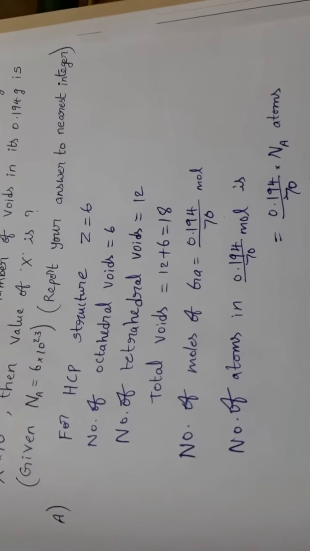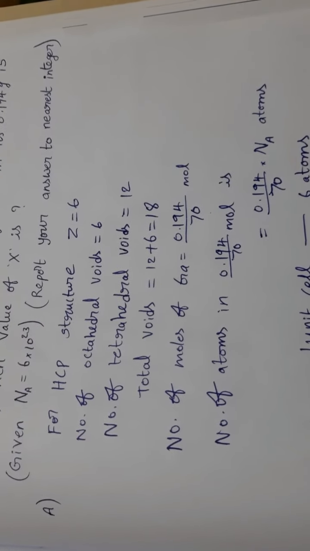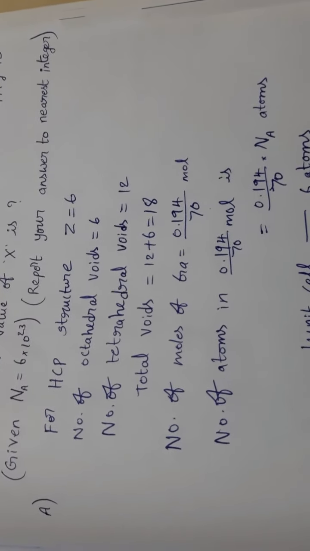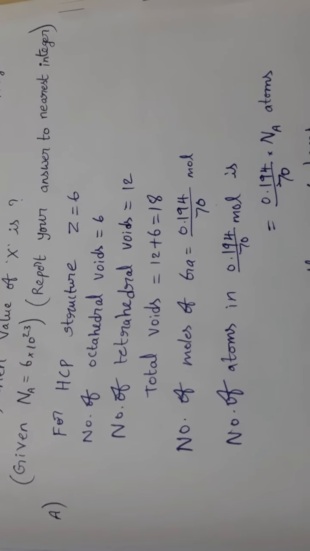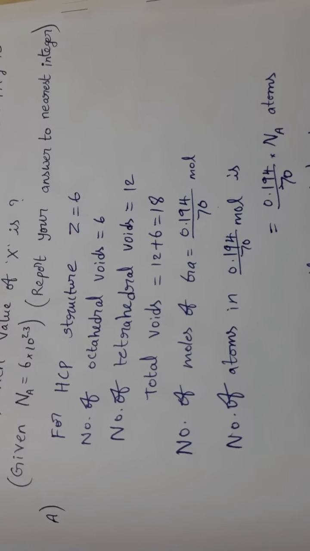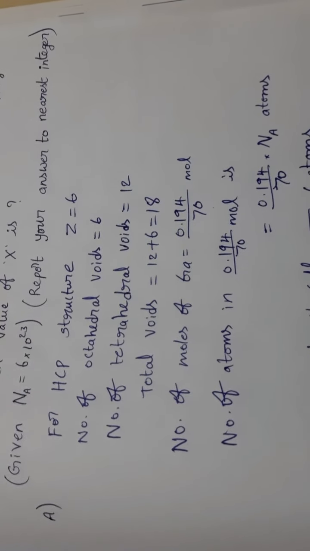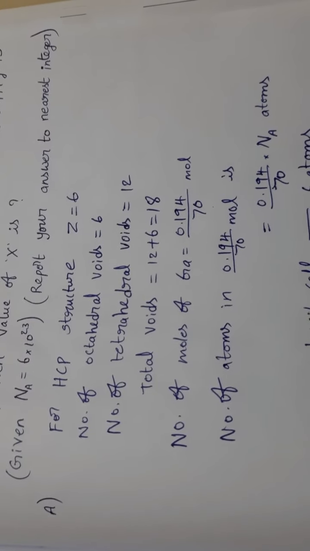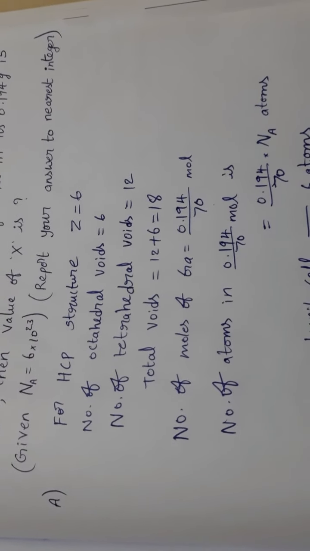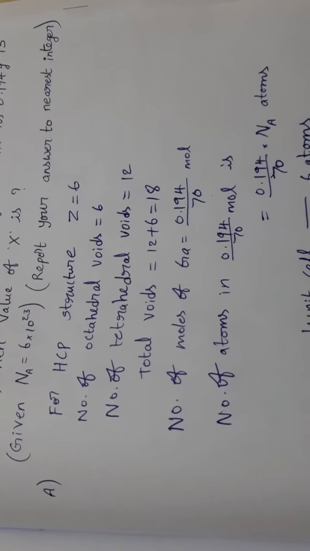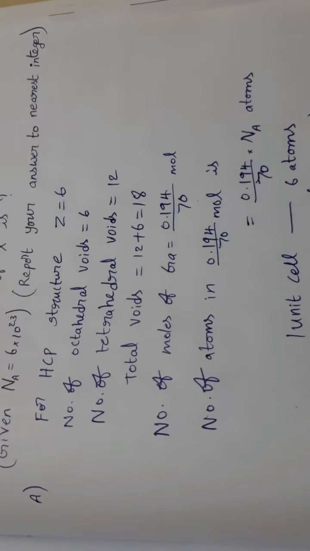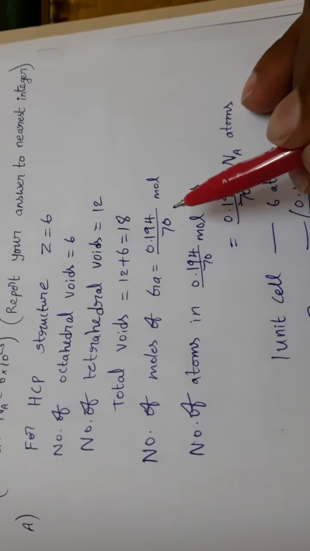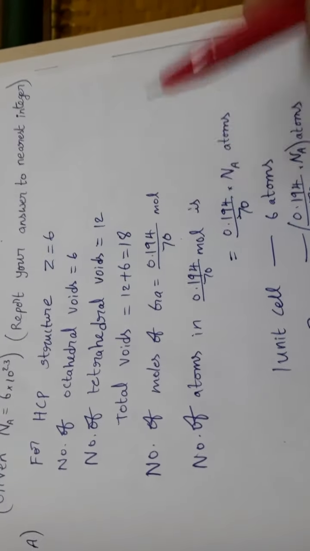See here students, HCP structure, Z value 6 atoms per unit cell. Number of octahedral voids is equal to number of atoms per unit cell, so octahedral voids are 6. Tetrahedral voids are double the number of atoms, then tetrahedral voids are 12. Finally, total voids 12 plus 6, 18. For the given mass of gallium, number of moles is this one. 1 mole contains Avogadro number.